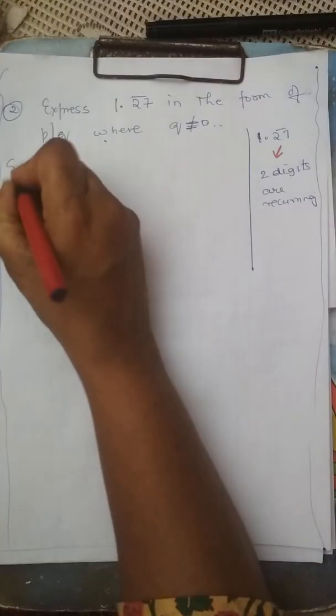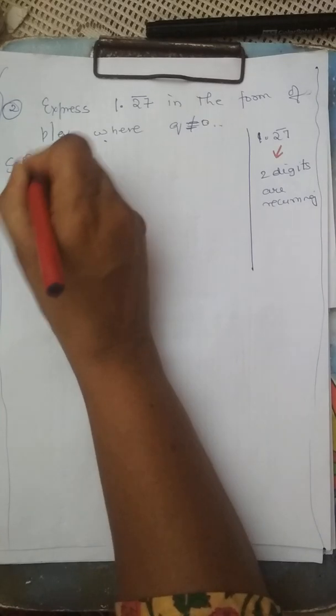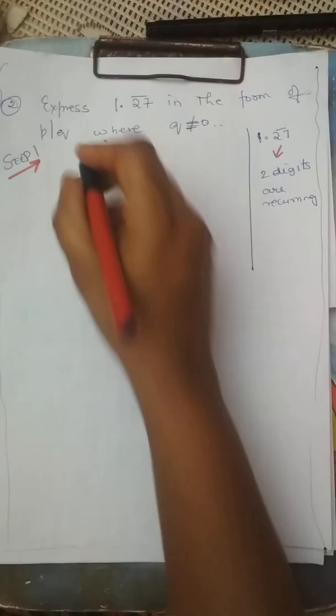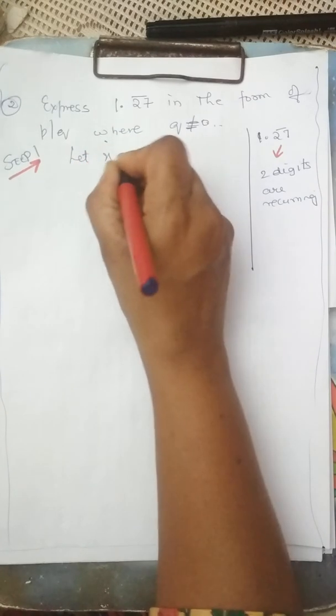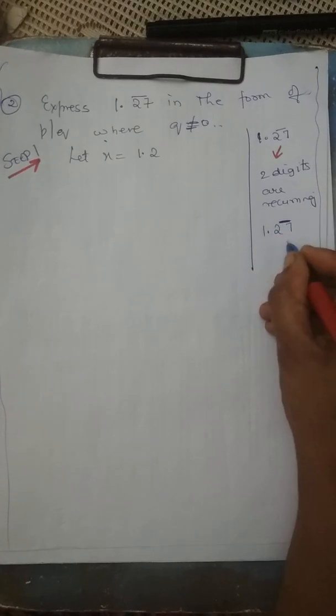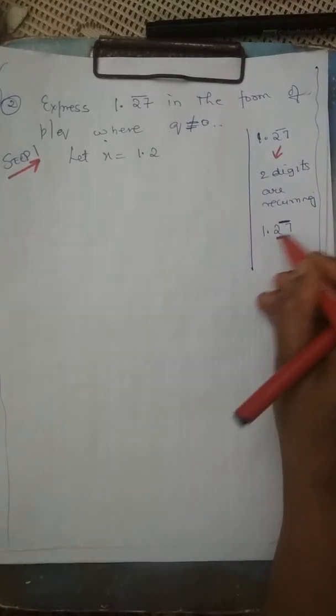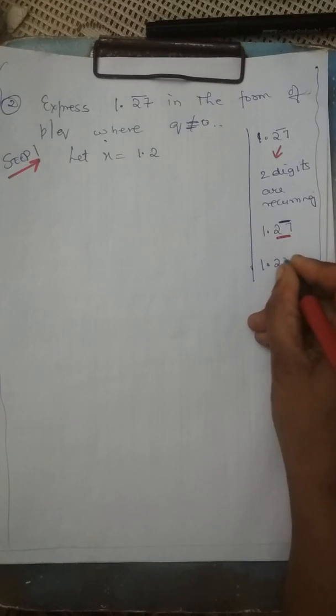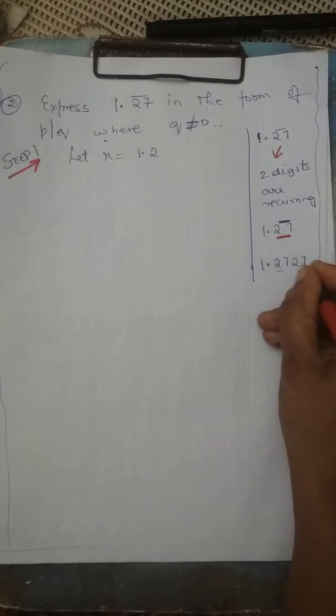So what is the first step? Step 1 is let x is equal to 1.27 bar. Now I have to teach you all this. So 27 bar means how many digits are recurring? 2 digits. So what you will do? You will repeat 2 digits like this.